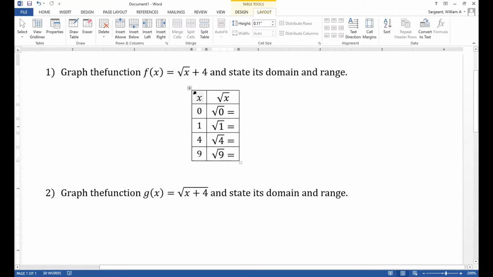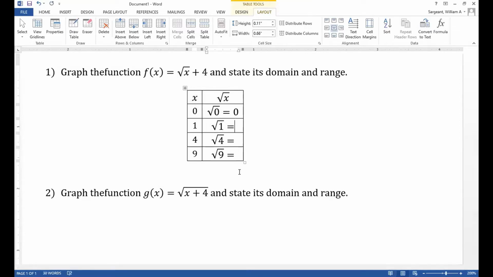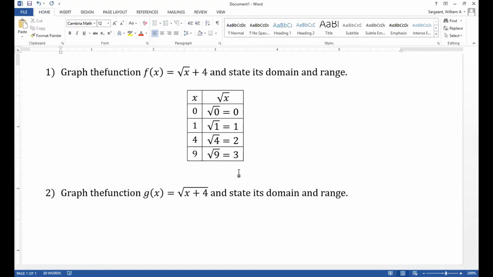We know some perfect squares. Why grab a calculator when we can quickly come up with these perfect squares? Those are going to give us points that we can plot and that we don't need to estimate, particularly if you're using an online homework system where you need to watch the coordinates before you click.